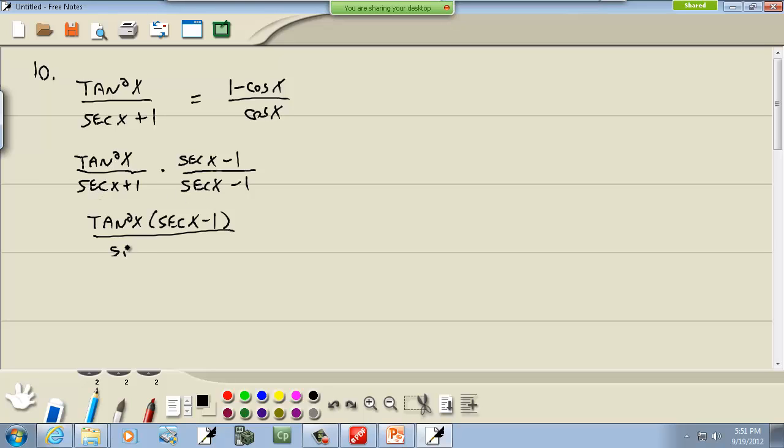Secant times secant gives us secant squared. 1 times negative 1 is negative 1. Now from property 16, I'm actually remembering those, we've got tangent squared plus 1 is equal to secant squared. I can take the 1 over, and we get tangent squared is equal to secant squared minus 1.